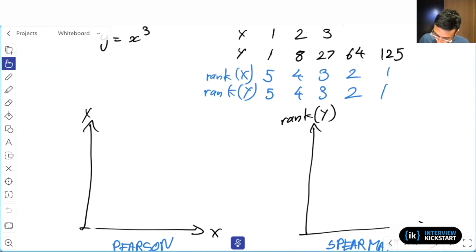So we're going to have 1, 1, 2, 8, 3, 27, 4, 64, and 5, 125. So like a neat little cubic pattern. And over here, we are going to have something that looks very different. We're going to have 1, 1, but then 2, 2, 3, 3, 4, 4, and 5, 5.